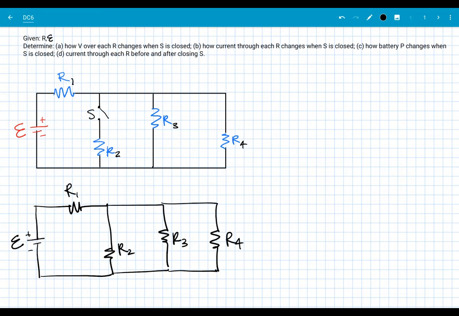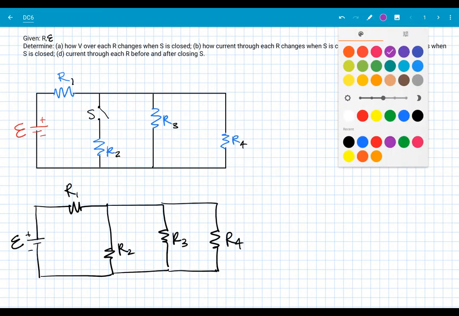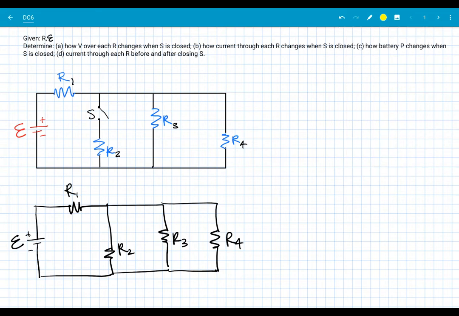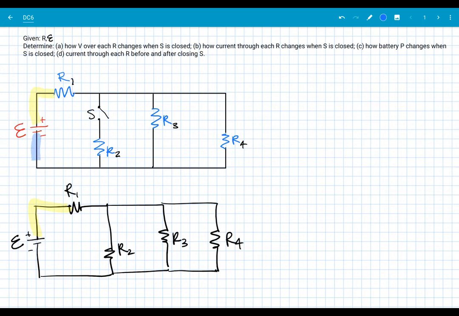So let's go through with a highlighter and look at different values of potential in these two versions of the circuit. First I'll take yellow and highlight from the positive terminal of the battery in both cases. And I'm going to highlight blue from the negative terminal of the battery in both cases.